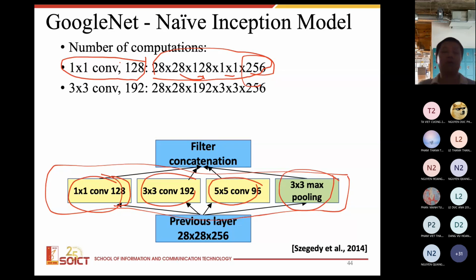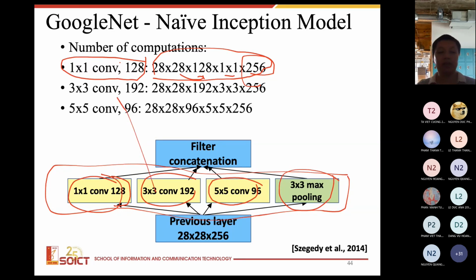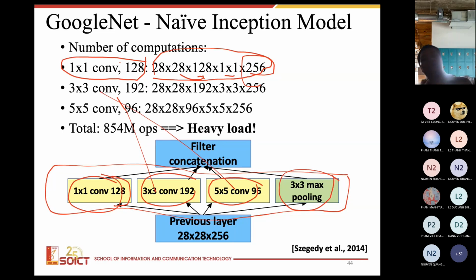The same for the second block, and the same for the third block, and then the total operation for this inception module is 854 million operations. So it is actually a heavy load, a lot of computation in this naive inception module.